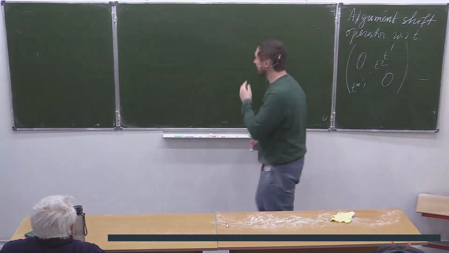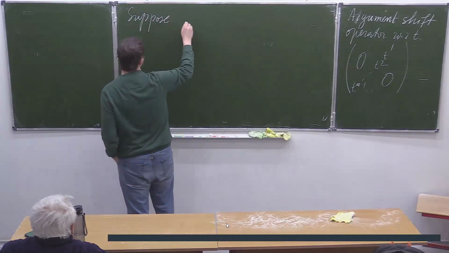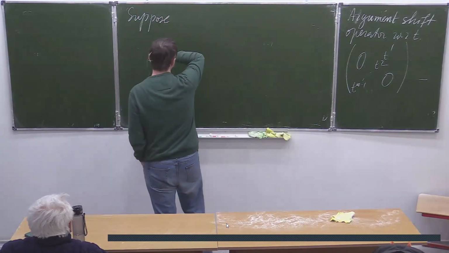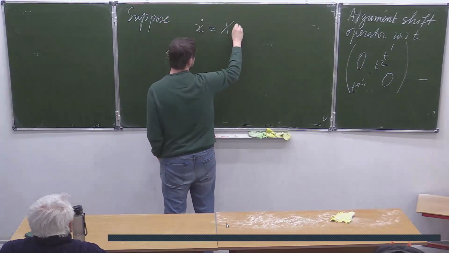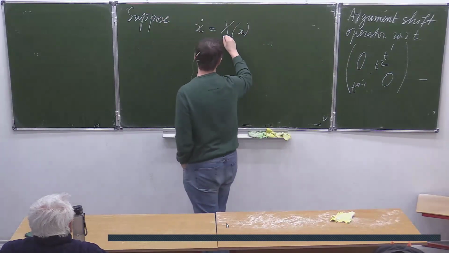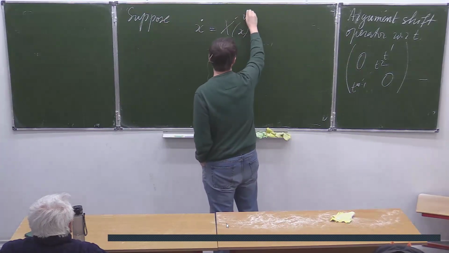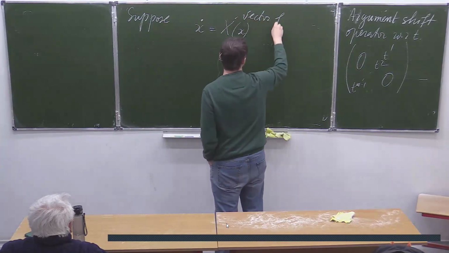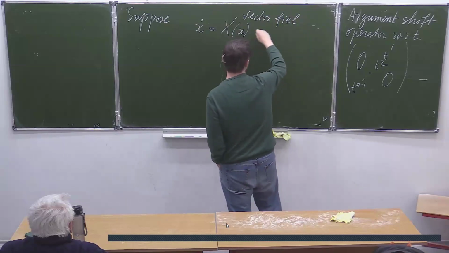So suppose we have an integrable dynamical system x dot is equal to X of x, where X is a vector field on an n-dimensional space. Well, I speak about first order differential equations.